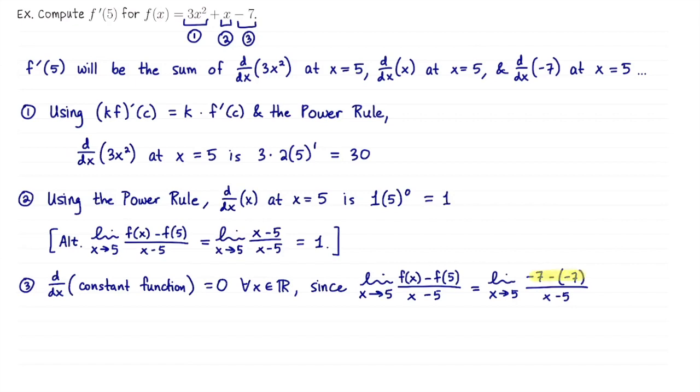The numerator is always 0, whereas the denominator is approaching 0. However, 0 divided by a non-zero number is 0, so this limit is 0. Now that we've computed these three derivatives individually, we can add them together to get f prime at 5. We find that f prime at 5 is 30 plus 1 plus 0, which is 31.